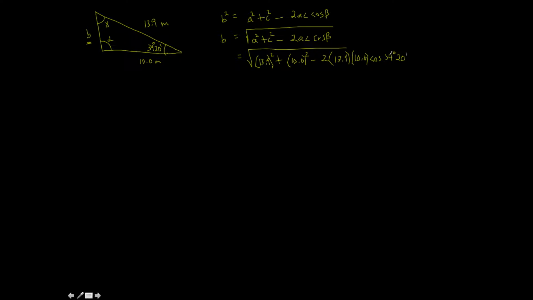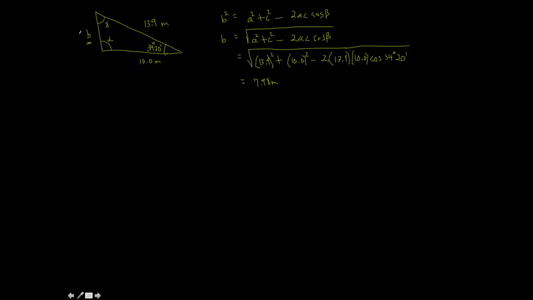Now this 34 degrees 20 minutes, unless your calculator will do that, you're probably going to need to change it back to decimal degrees in order to make this work for you here. But if you do that correctly and take the square root and just do the arithmetic here, you should get 7.98 meters. Now remember, 3 significant digits because we have 3 significant digits here. Okay?